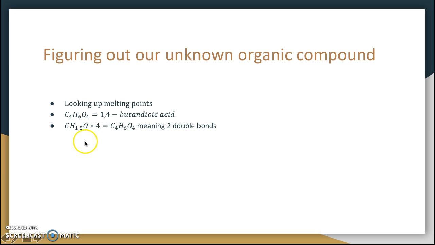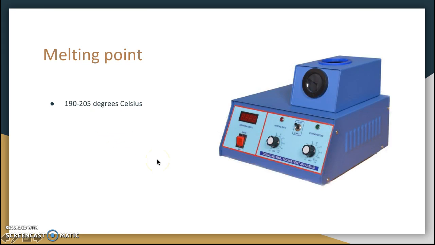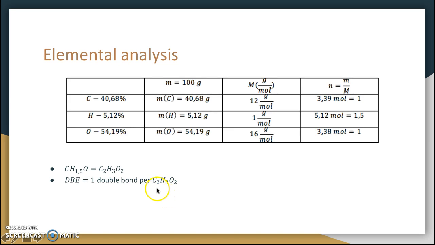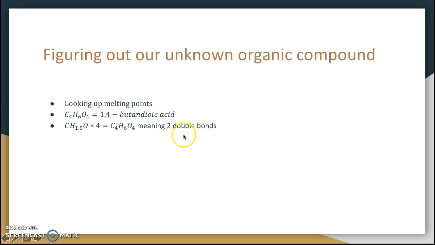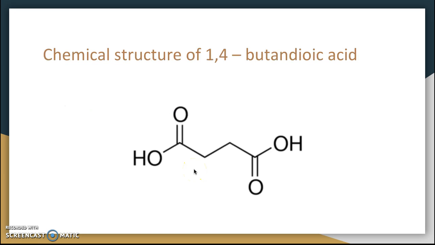Then, since C4H6O4 is twice as big as the C2H3O2, it means that there will be 2 double bonds in our compound. And then this is what it would look like for the chemical structure of 1.4 butanedioic acid. And as we see, there are 2 double bonds on the compound.